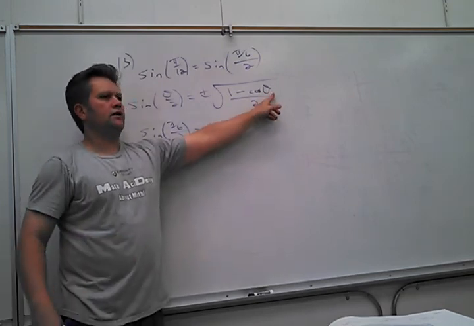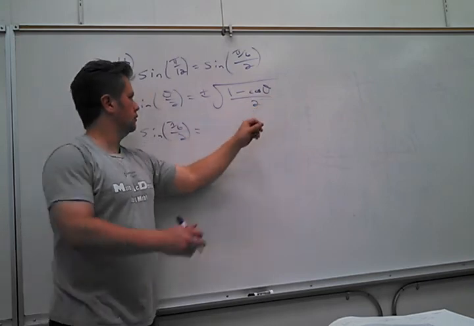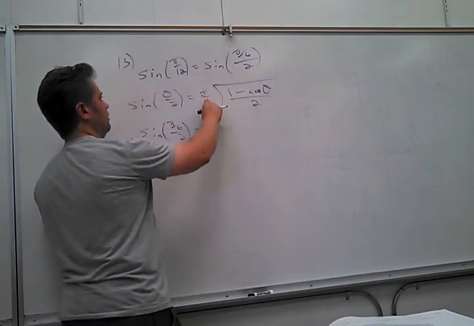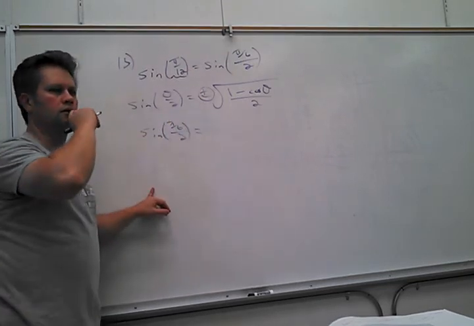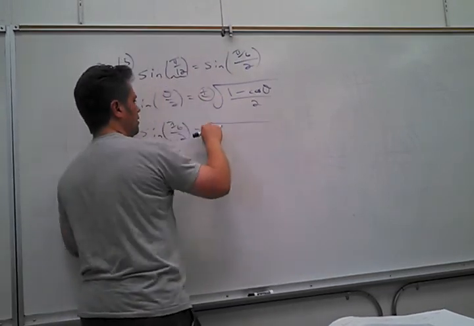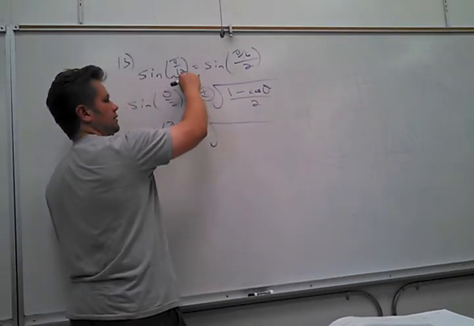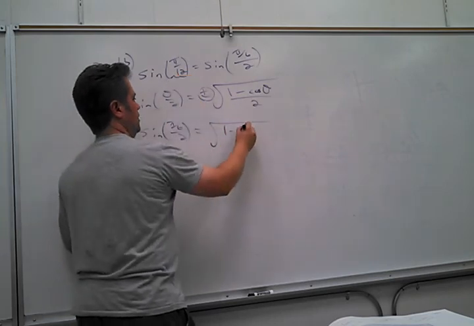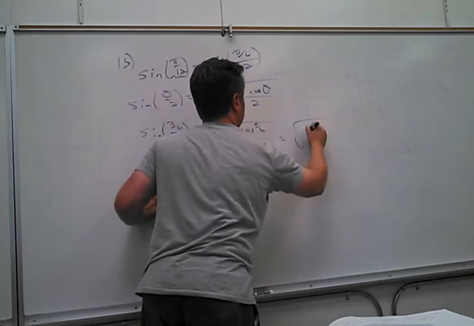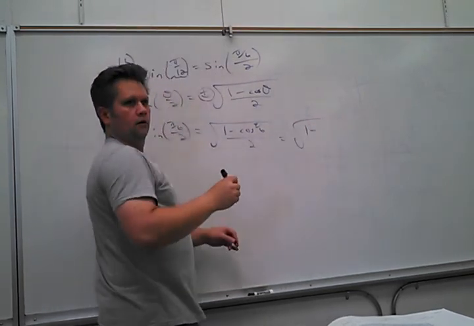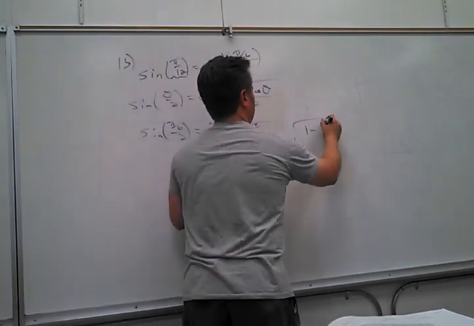So I've got to end up with something here I can actually handle. And in this case, it's going to be plus or minus. Positive because I'm in the first quadrant, right? So that's part of the problem too. Don't leave that there. You've got to actually take a second and think, where am I? So 1 minus cosine pi over 6. What's cosine of pi over 6? Root 3 over 2.